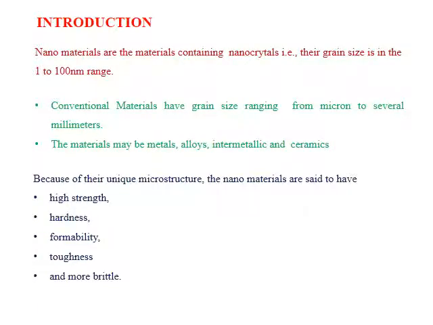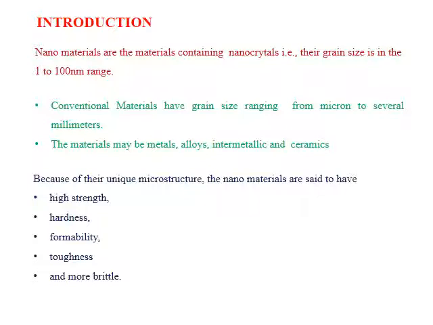As a first step, let us define what is this nanomaterial. So nanomaterials are the materials containing nanocrystals, that is the grain size of crystals present in the material may range from 1 to 100 nanometer range.